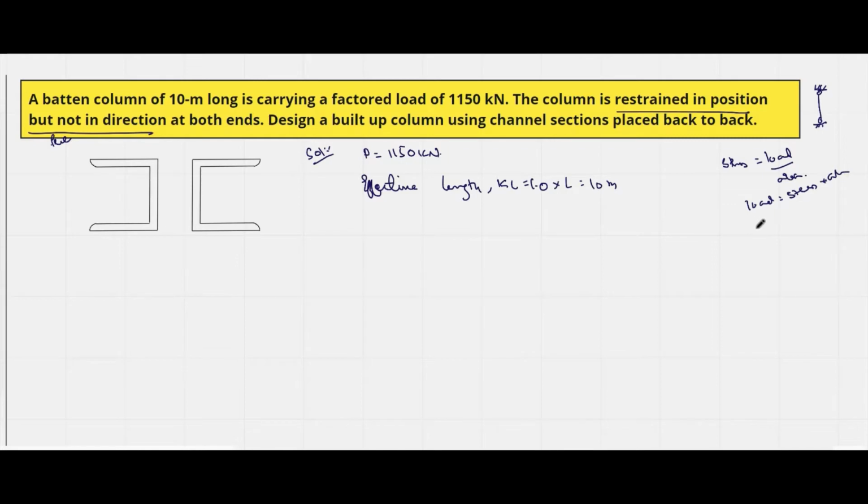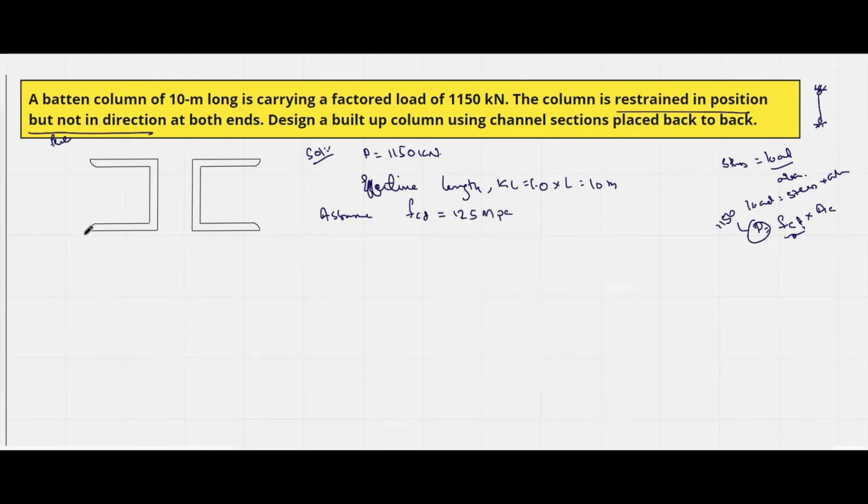We already know that axial load equals compressive stress into effective area A. In this case, we know the axial load, which is about 1150 kilonewtons. Now we need to assume some value of FCD based upon the considerations in columns. So let us assume this value of FCD as 125 megapascals.